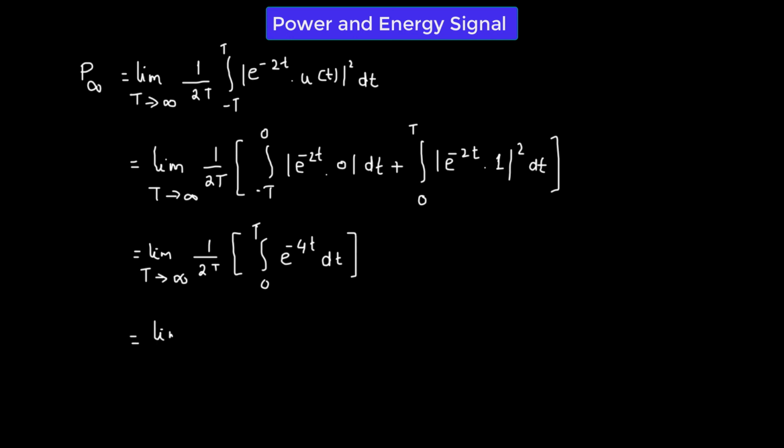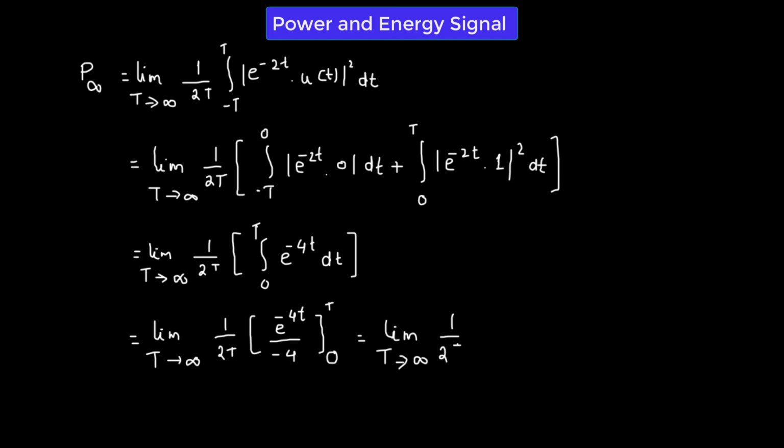Which is equal to the limit as T goes to infinity of 1 over 2T, and the integration of the exponential function is going to be e raised to the power of negative 4t divided by negative 4, with the limits going from 0 to T. Which is equal to the limit as T goes to infinity of 1 over 2T times e raised to the power of negative 4t divided by negative 4, minus e raised to the power of 0 divided by negative 4.